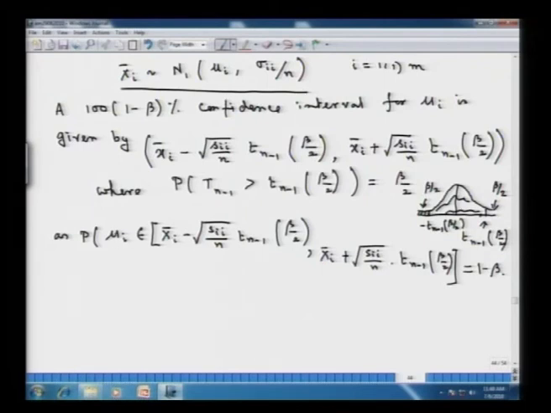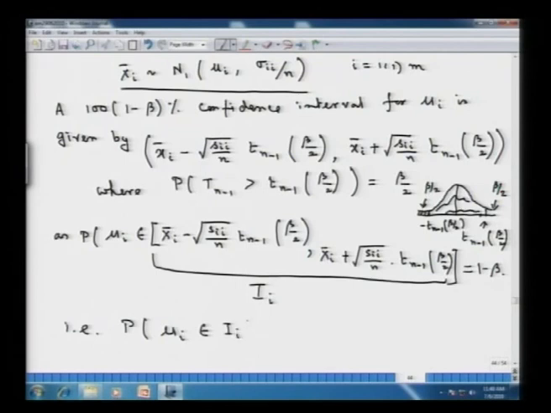Now, note that these xi bar quantities are independent due to the structure of the sigma matrix that we have assumed. So, let us denote this particular interval to be I i, that is, the probability that mu i belongs to this I i is exactly equal to 1 minus beta. Now, similar to the one mu i component here, one can take this for every i equal to 1 up to p.